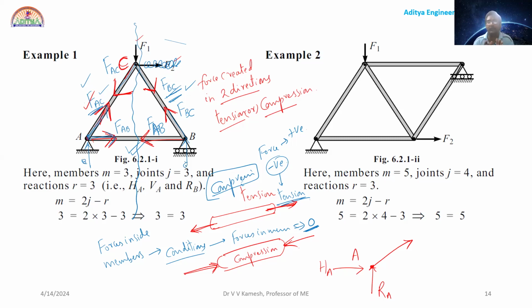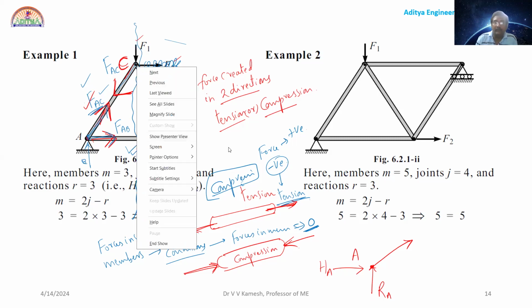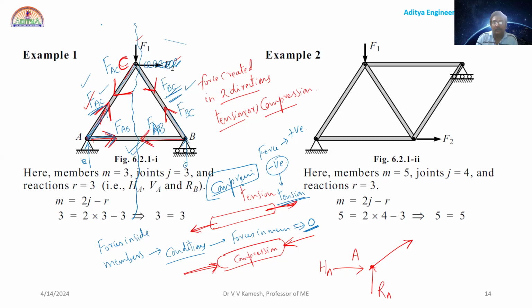So whatever the geometrical truss design above the supports, it is symmetrical to the left side and the right side of the section, and the loading is along the section. Then whatever the forces in the left direction will be the same in the right hand direction. Okay, that is one condition.